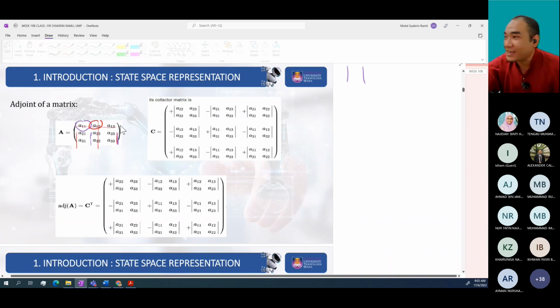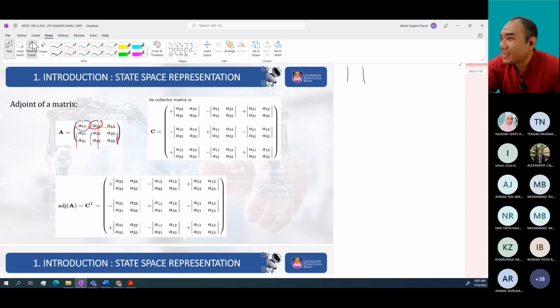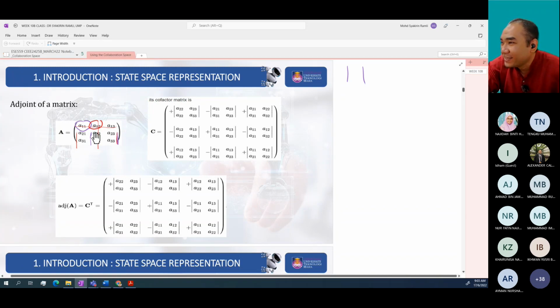Itulah kalau kat kelas kita boleh tunjuk dengan tangan. You can see that I close this one and then I close this one and then we take A21, A31, A23 dan juga A33. Tengok pattern tu. A21, A23, A31, A33. Okay? We get the determinant of this matrix.